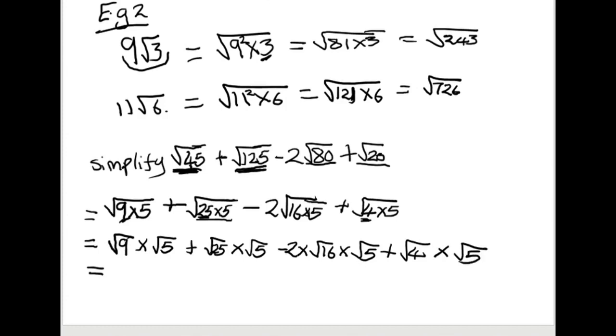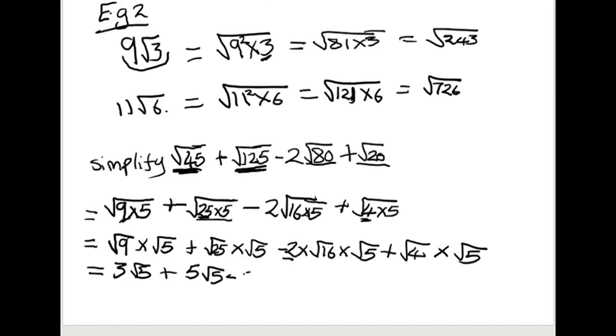Right, so I have the square root of 9 is 3. 3 times root 5 is 3 root 5, plus square root of 25, 5 times root 5, now 5 root 5, minus will come down, 2. I brought my minus down already. So root 16, if you compute root 16 in your calculator, you have 4.